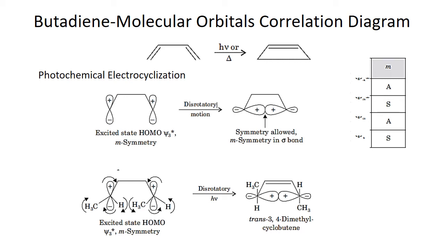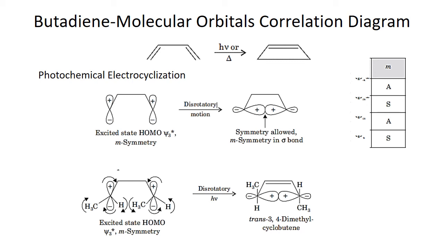The first thing we were discussing was how psi3 is involved and goes through the formation of the sigma bond. For psi3, there is a list of symmetry operations carried out on these molecular orbitals, and according to mirror plane symmetry, psi3 is symmetric and psi4 is antisymmetric.